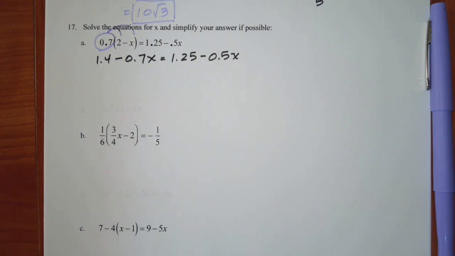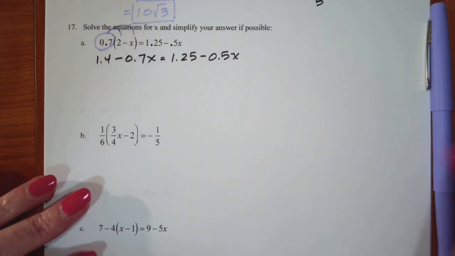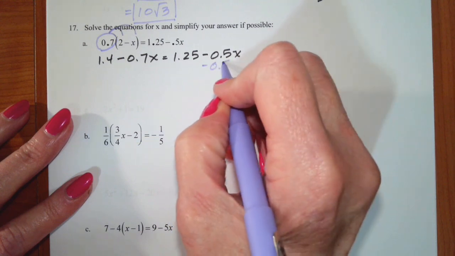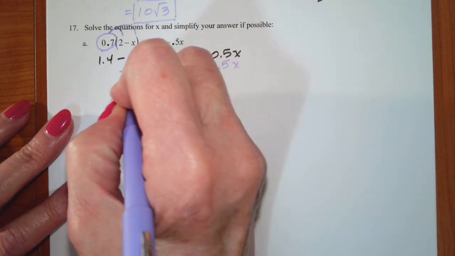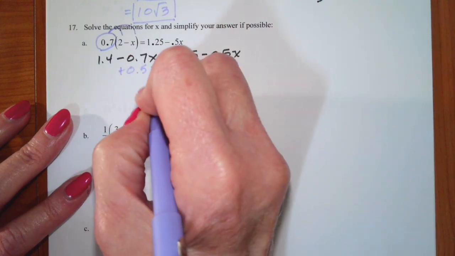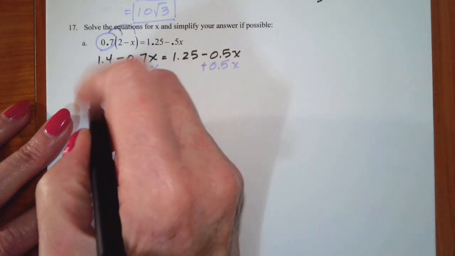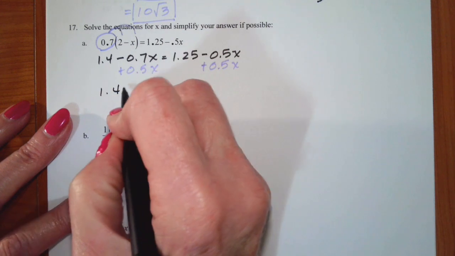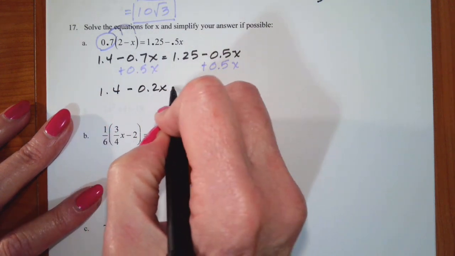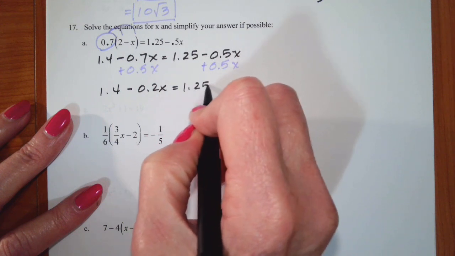It doesn't matter which side. I like to have the variables on the left. So plus 0.5x, and that gives me 1.4 minus 0.2x is equal to 1.25.